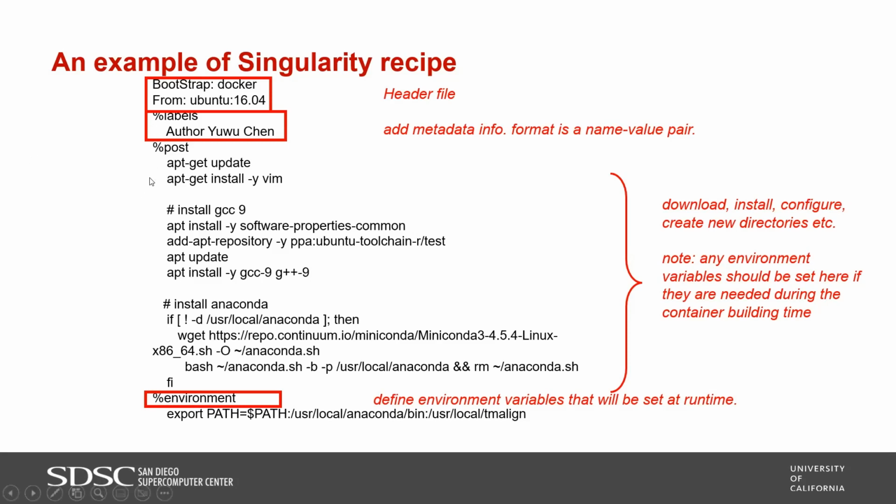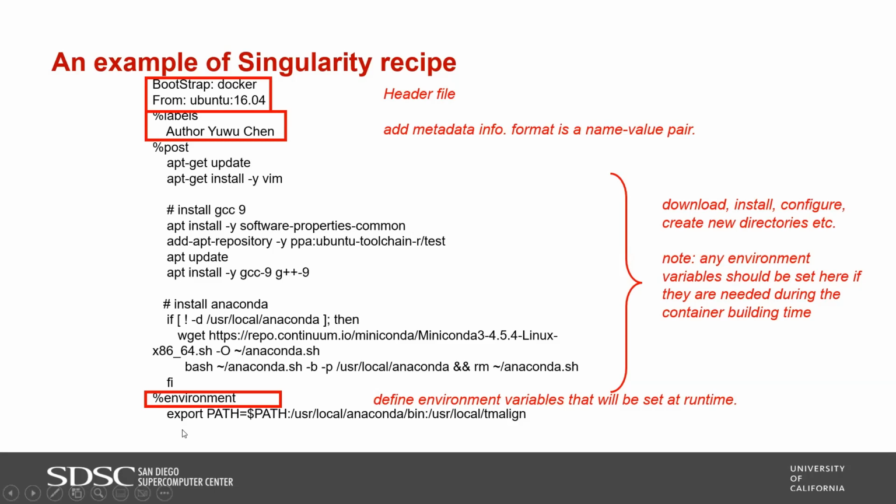And then in the next section, you can add some labels to change the metadata of the image. Then you can use the post section to install, configure or download anything you would like to add to the Singularity image. Once the installation in the container is done, you can then use them once the image is built.